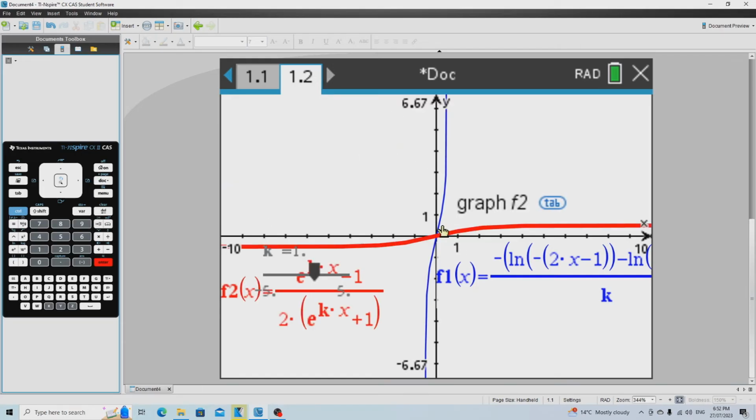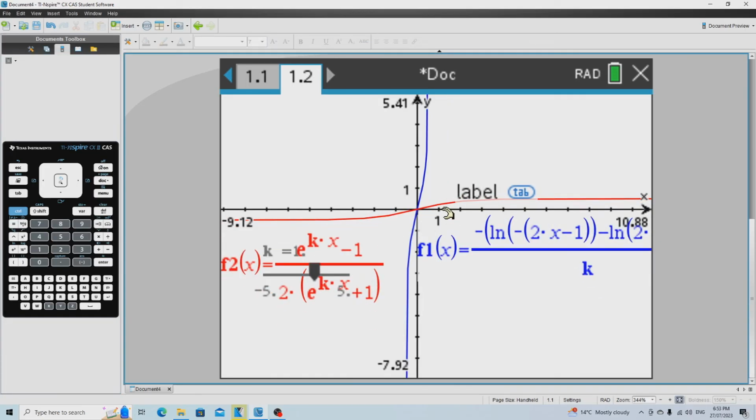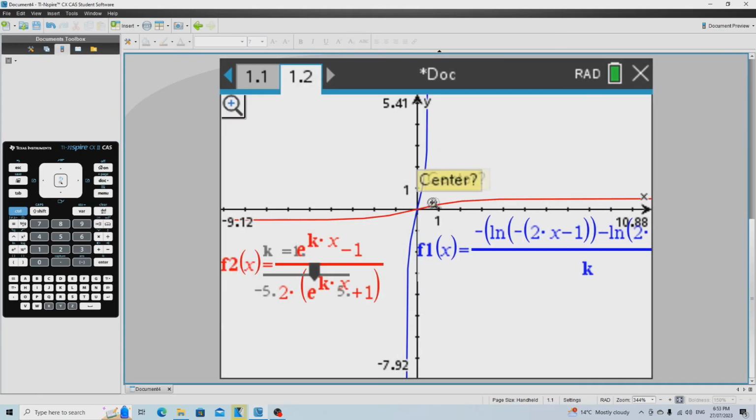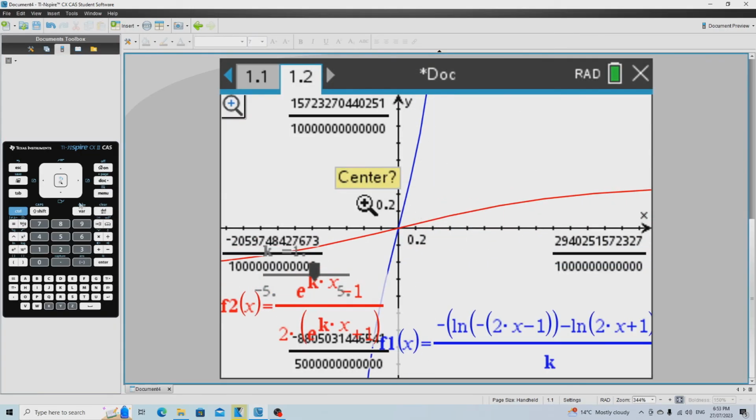Okay, so we get this. If we want the area to be positive, here we have nothing. Where can we get the area between those two, the inverse? There's no area. Let's zoom in. Maybe there is, maybe there isn't. Let's zoom in. There isn't any.